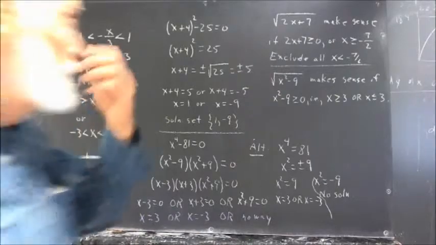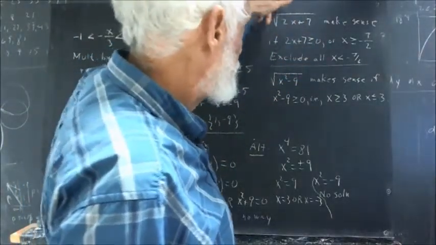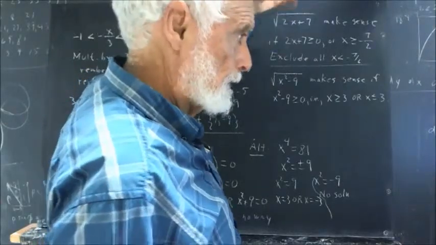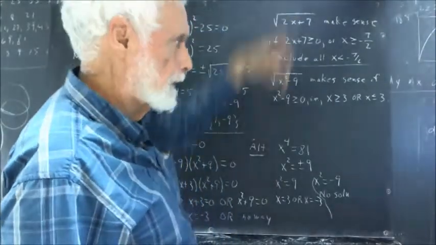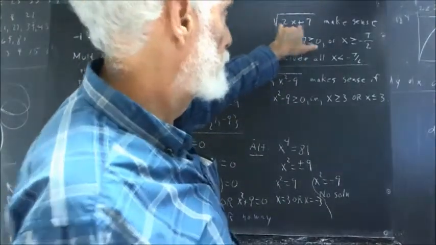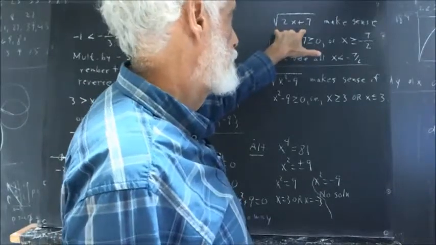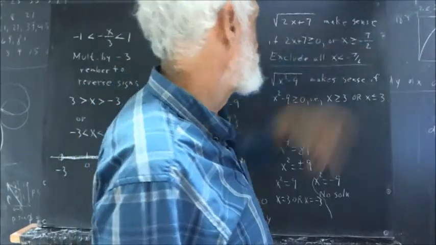Another question, for what values of x is it possible to calculate the square root of 2x plus 7? In other words, for what values of x does this expression make sense?